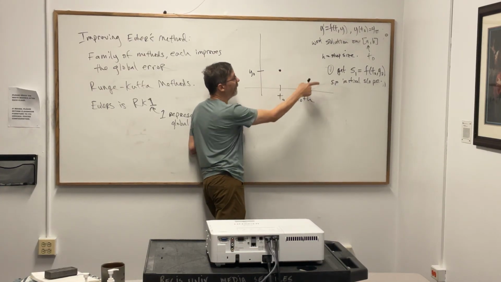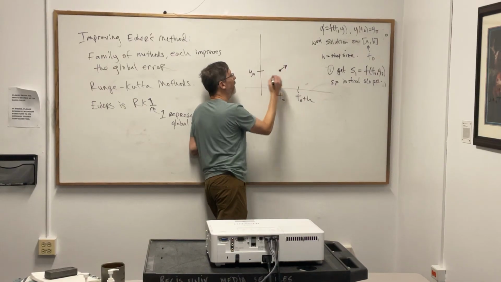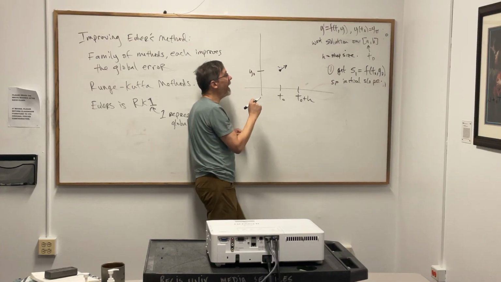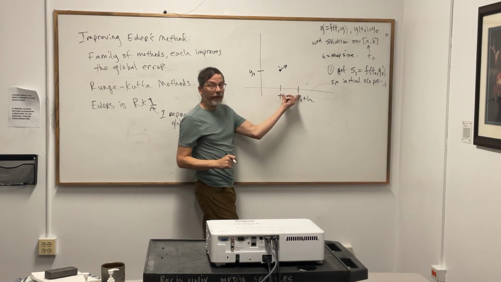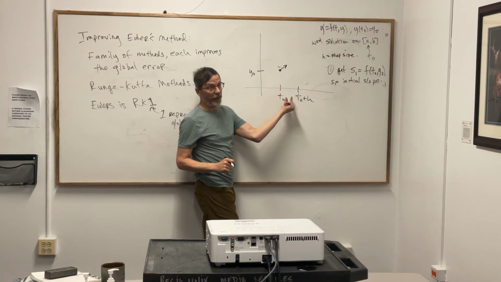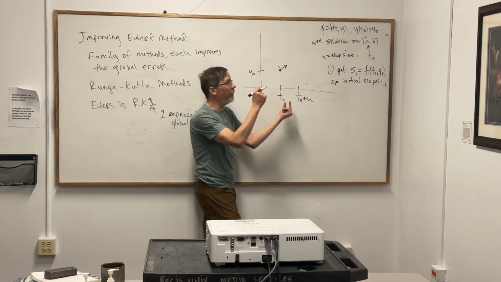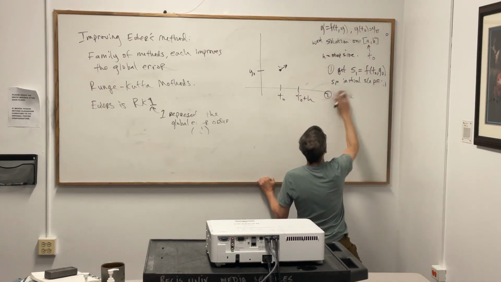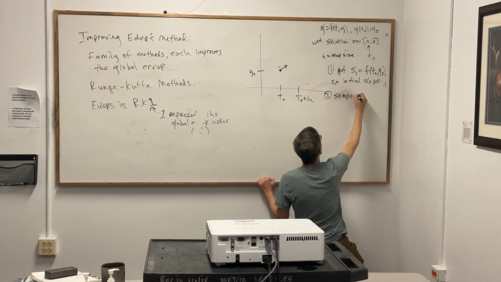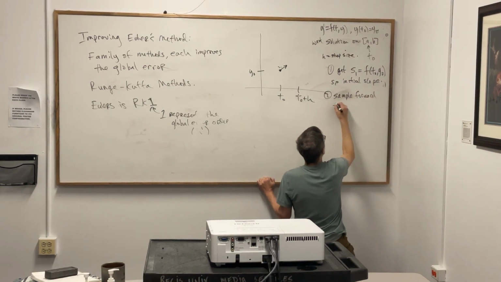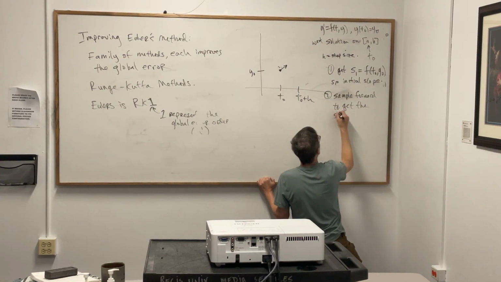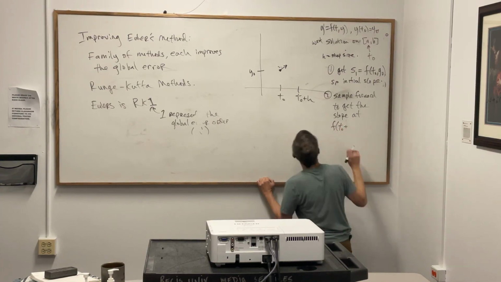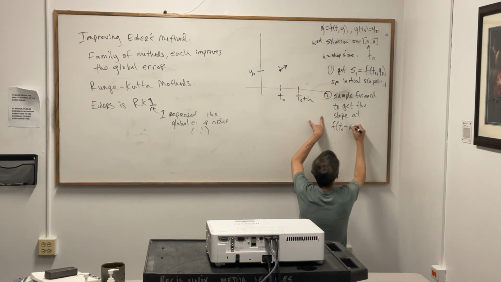So what I'll do is I will find the slope right here, and let's say that that's that slope. So that has slope S1. I'm going to head out either the whole distance or a fraction of that distance and grab the slope at that point. So step 2 is reach our sample forward to get the slope at f of t naught plus alpha h.